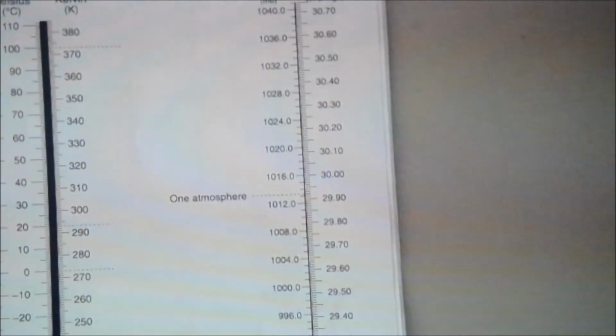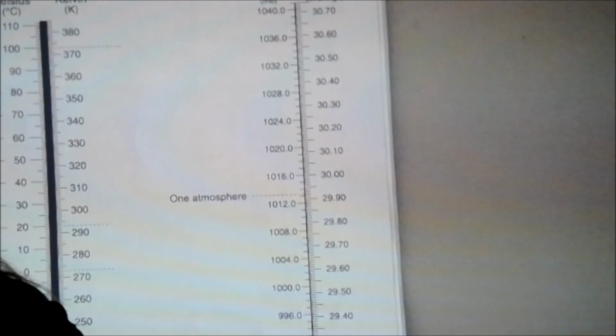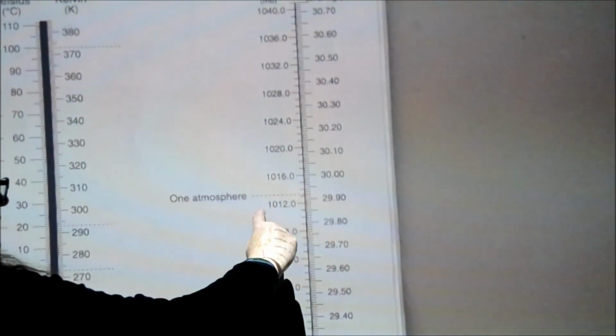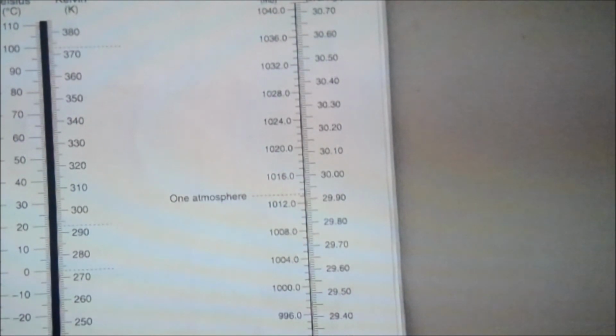Same thing, if I need you to go from inches of mercury to millibars, you're just going to read over. So if I said it's 29.85 inches of mercury, you're reading over, you're going to find out it's 1,011 millibars. So all you're doing is reading over. These are units of pressure, units of temperature.